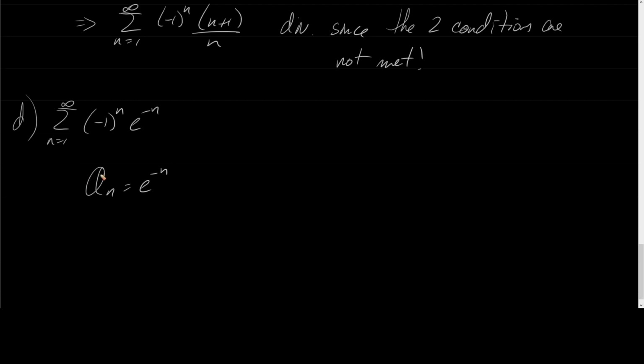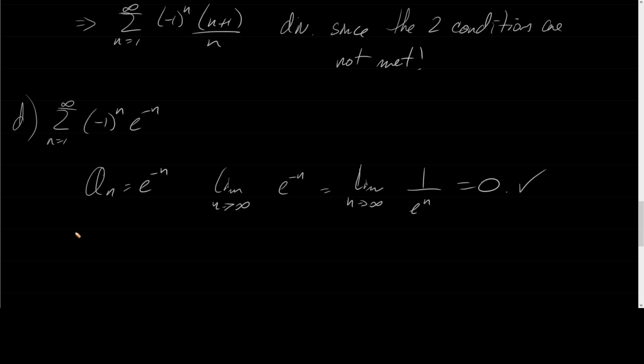If I take the limit as n goes to infinity of e^(-n), let's write it this way: the limit as n goes to infinity of 1/e^n, that's 0. Because as n goes to infinity, e^n also becomes infinity, so I have 1 over infinity, which is 0. Good, the first condition is met.